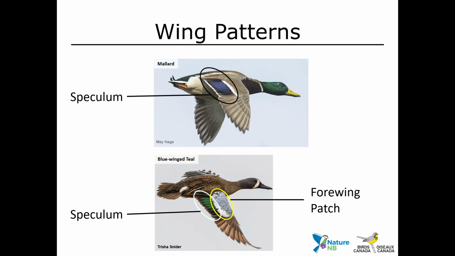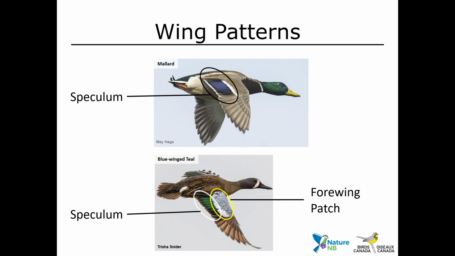And then coloration is, of course, a great ID key for identifying birds. In ducks, it's particularly useful to look at the wing patterns. Especially when they're in flight, ducks have a patch of color on the back or trailing edge of the wing, which is called a speculum.